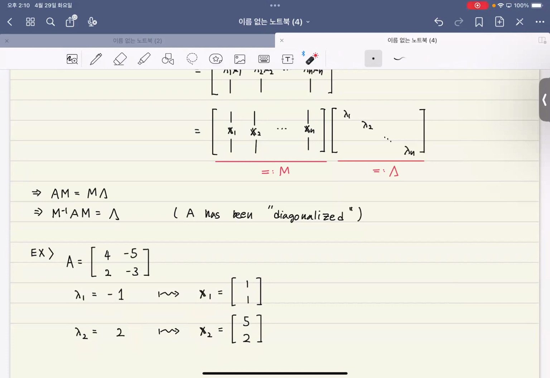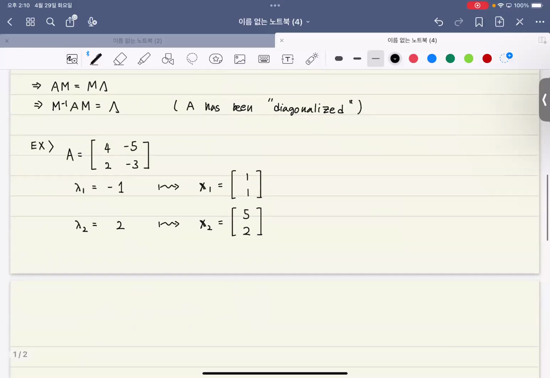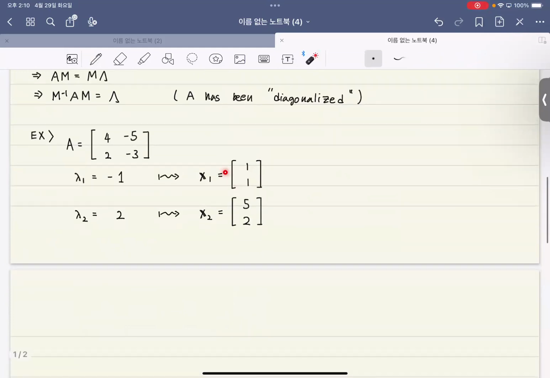Then I have a basis consisting of eigenvectors. So (1, 1) is the first eigenvector, and (5, 2) is the second eigenvector.